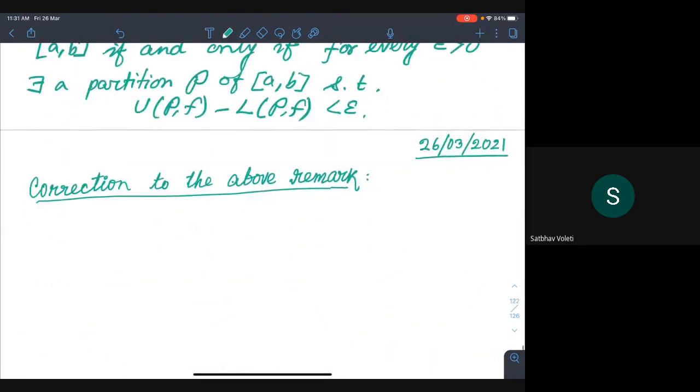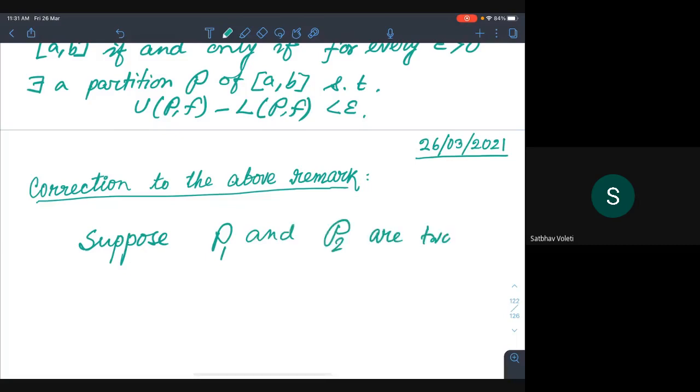So suppose P1 and P2 are two partitions of AB.